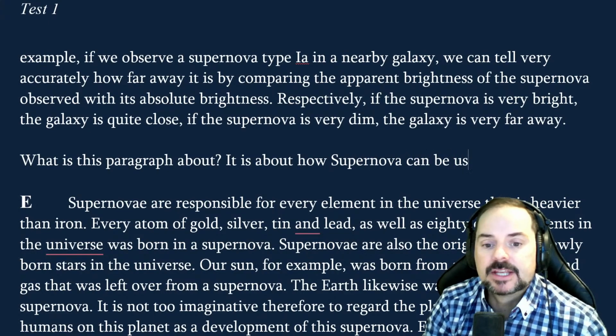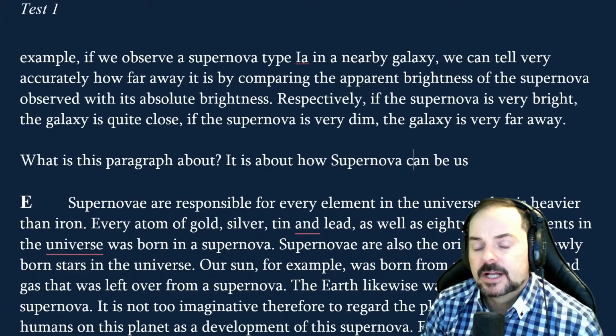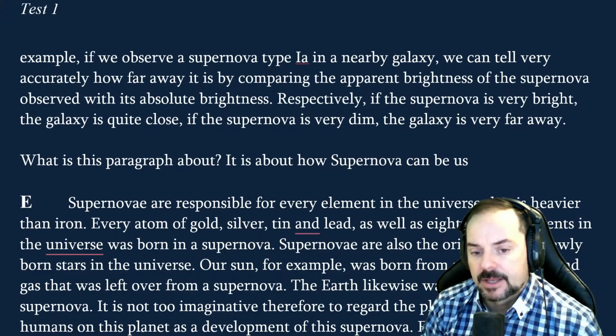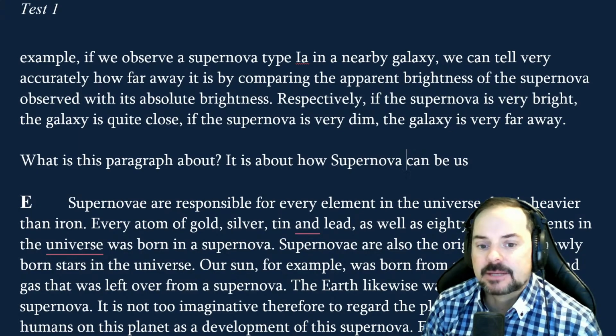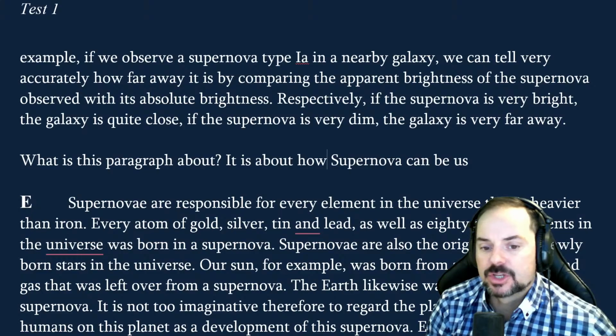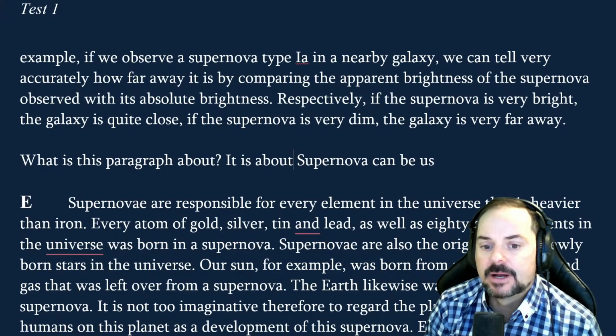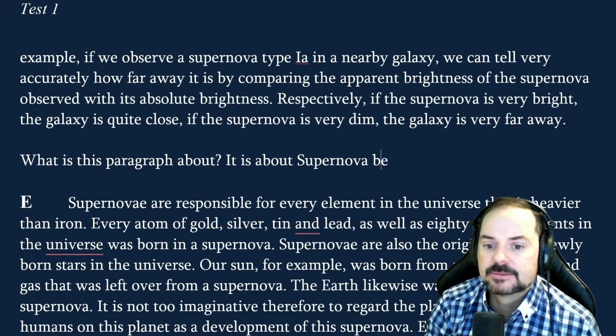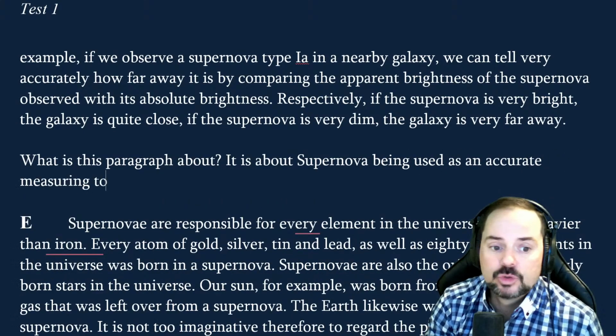So simply put, it is about, and I usually tell everybody that when you're speaking and when you're writing, when you're giving an answer or a statement, try not to use these question markers like how or why or when. Use those when you're asking a question. In statements, it's important to learn to make it sound like a statement. It is about supernovae being used as an accurate measuring tool for great distances in the universe.